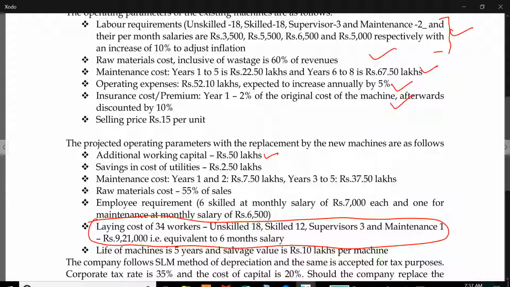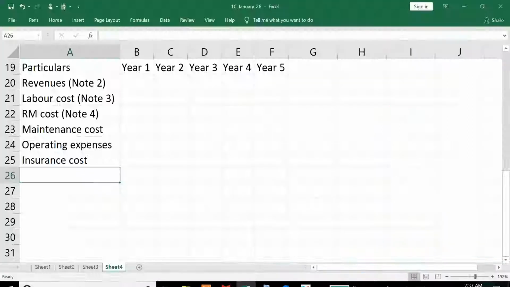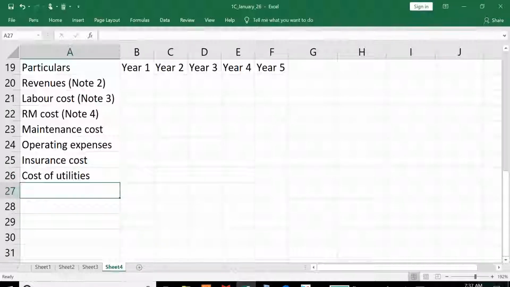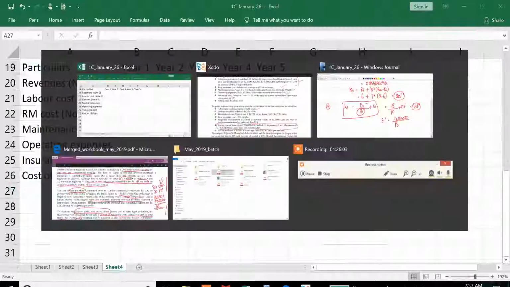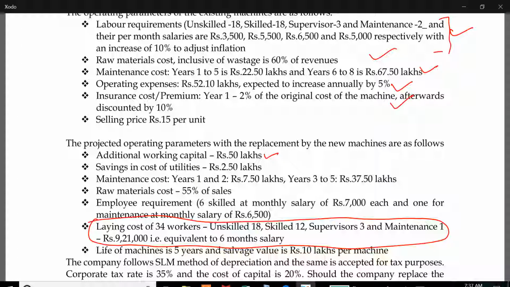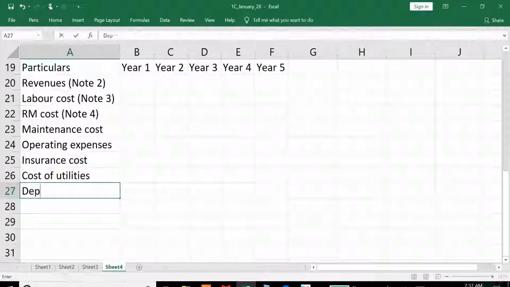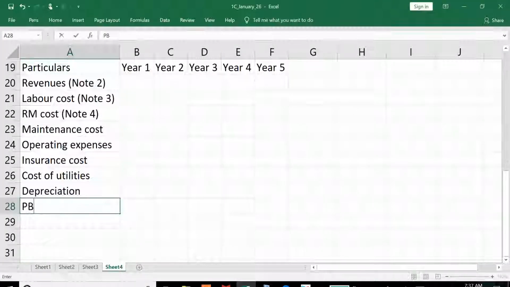Working capital is captured. There is some savings in cost of utility, so let me write it as cost of utility. Later we'll decide how to write positive or negative. Laying off 50 workers is already written, and the final item is depreciation, and we will get PBT.